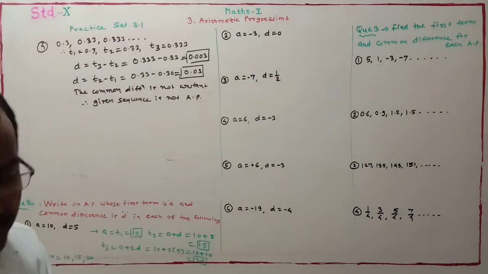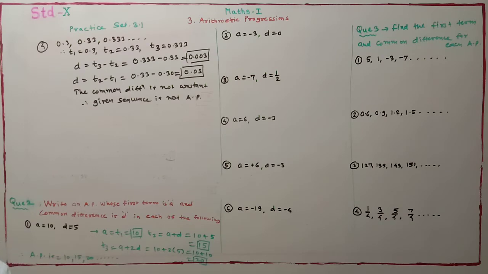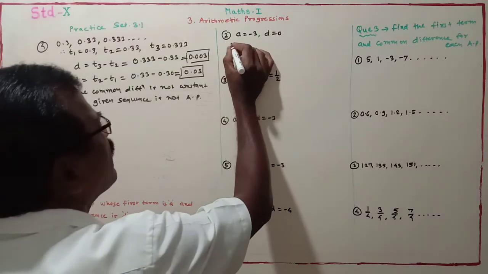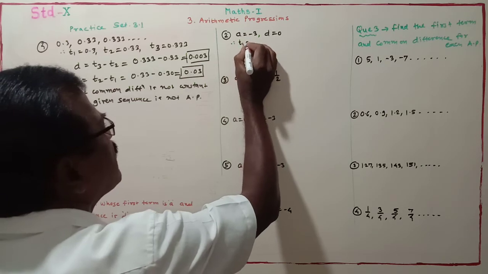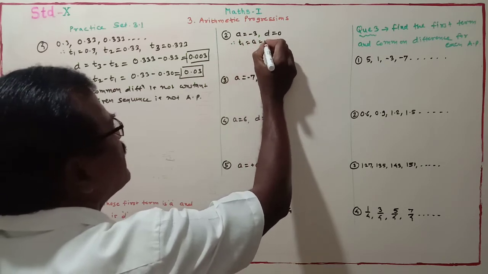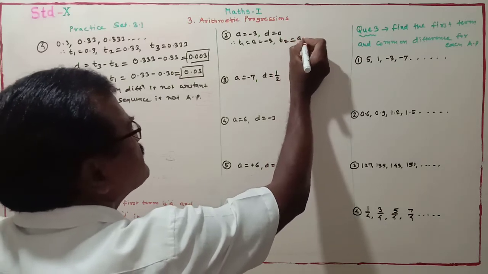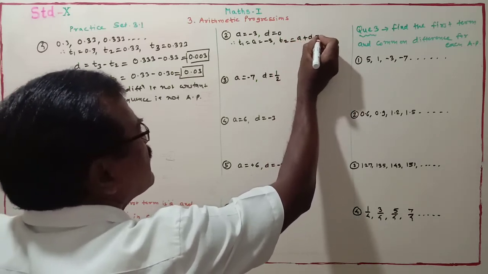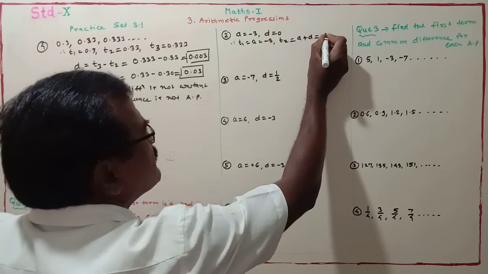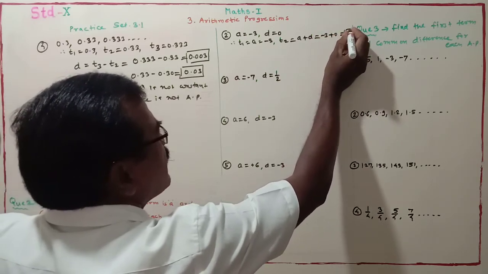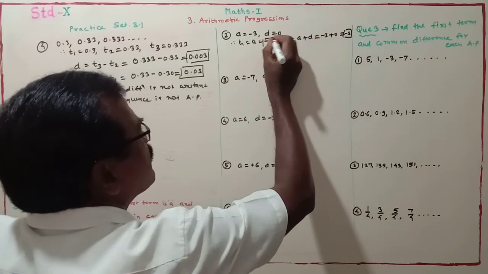In this example, D is given 0 and A is minus 3. Therefore, T1 is equal to A is equal to minus 3. T2 is A plus D. A is minus 3 plus 0 is minus 3, the second term.